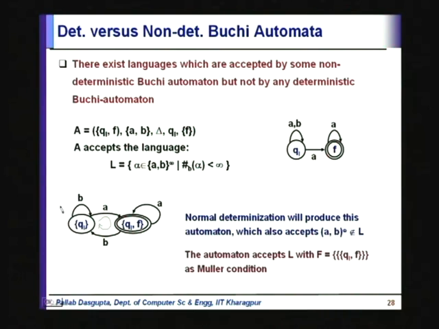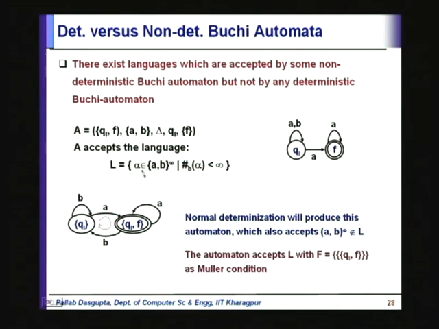You want the run to go through B, B, B, A, B, A, B as many times as needed, but then somewhere down the line it should reach this state and then never get a B again. In other words, you want it to reach here and then stay here only, not come out of this, and that is what is stated by the Muller acceptance, right.